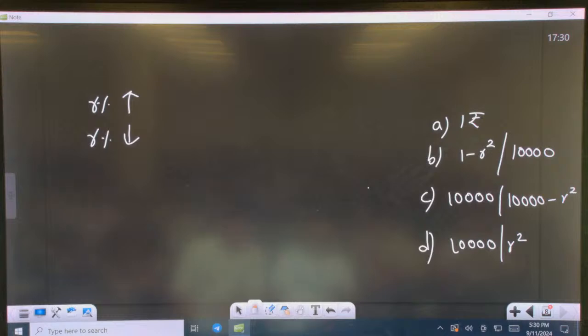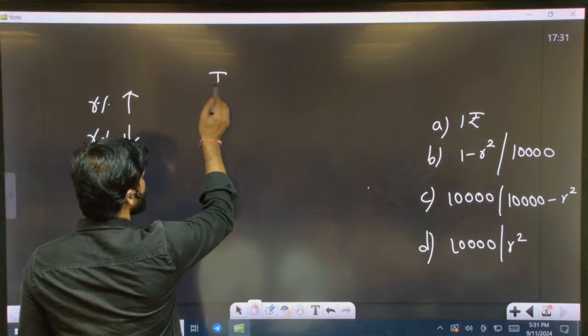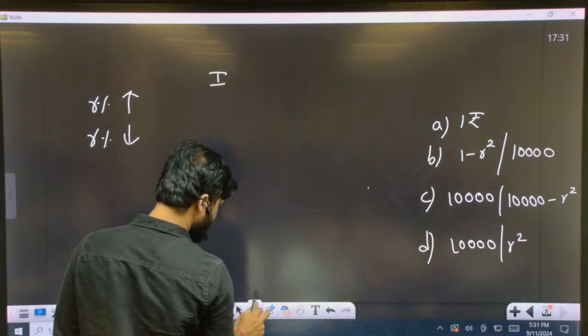Okay, look at the board. Actually, you have done this type of question. Our first approach was initial and final. Do you remember this? Initial and final. Okay, let's do it again. This is initial and this is final.